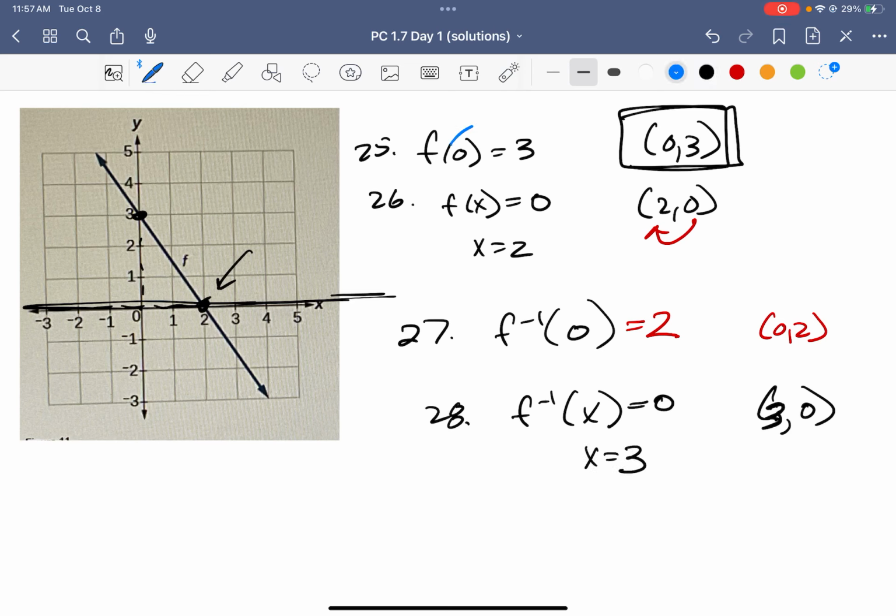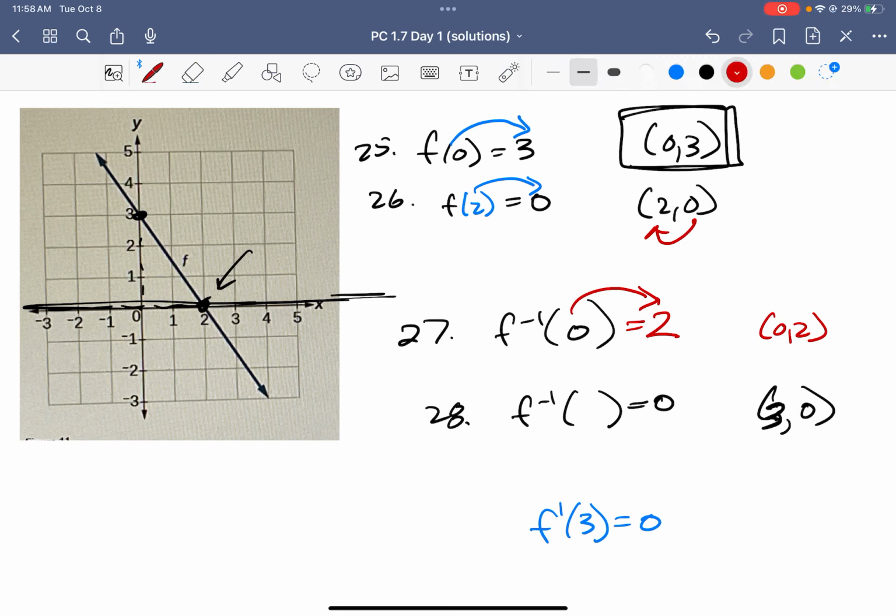So again, if this is how it works for f, then f inverse takes 3 and sends it over to 0. If f of 2 is 0, then f inverse of 0 gets me back to 2.